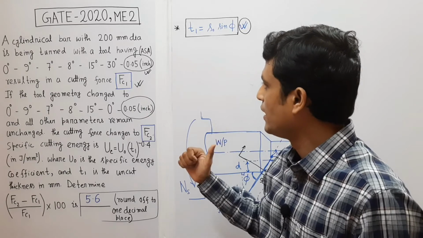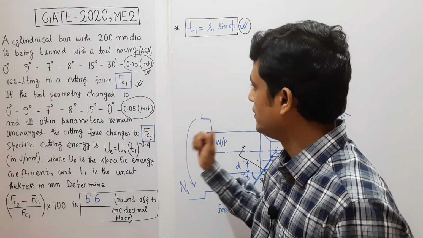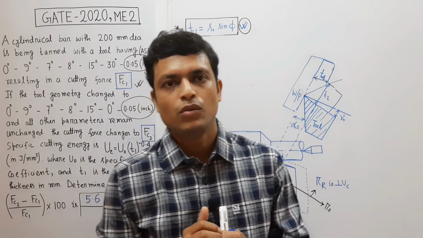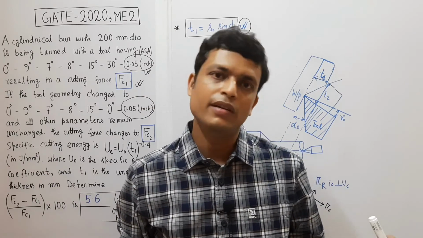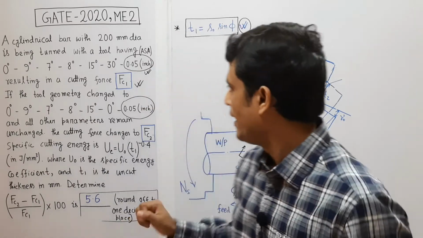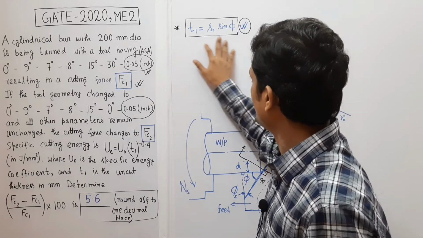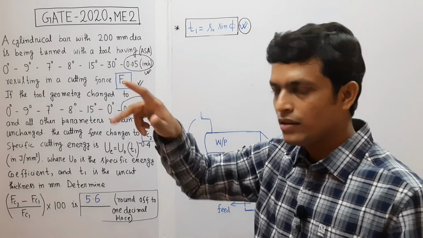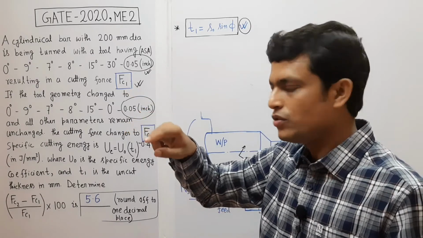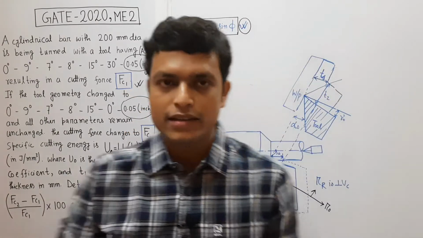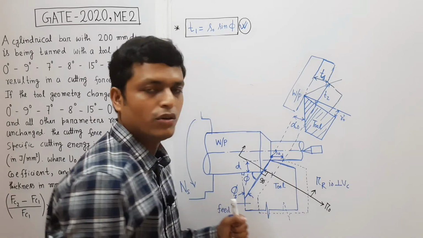If a tool has a finite nose radius, then the machining process will never be orthogonal. That will be oblique machining. And the relationship T1 equals S0 sin phi will not be valid when the principal cutting edge has a curvature due to the nose radius.